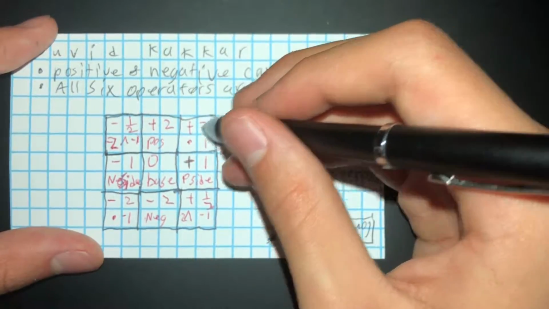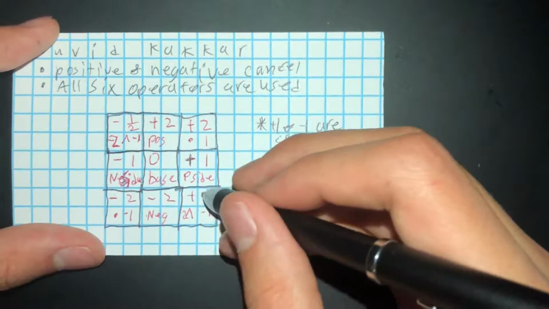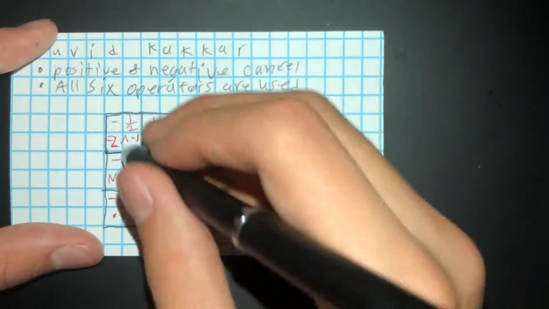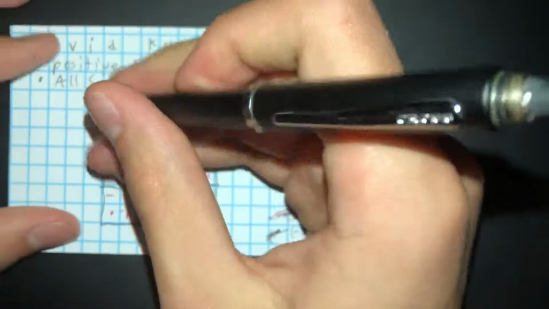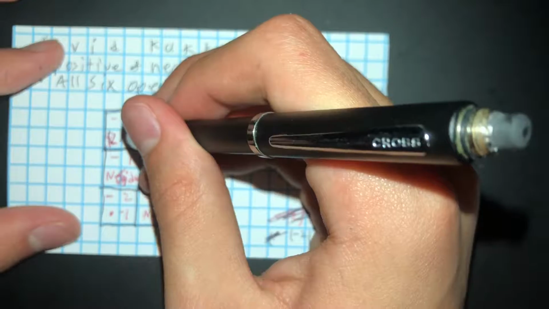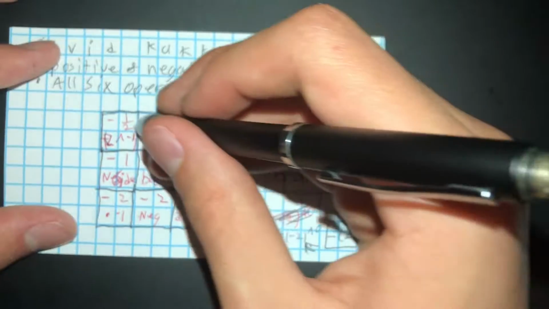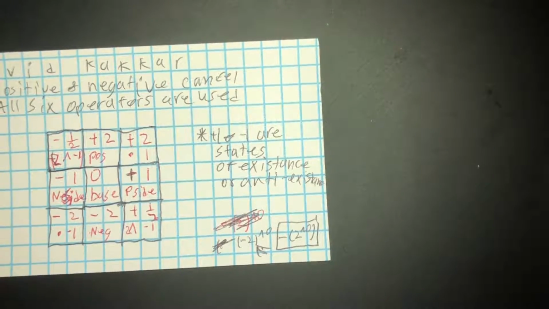Multiplied by 2, multiplied by 1, multiplied by -1, to the 1/2 power, and this is -2 to the 1 power, not 1/2 power, to the -1 power, so it's the inverse over here. And then that's pretty much it. That's all the 6 operators that we need.